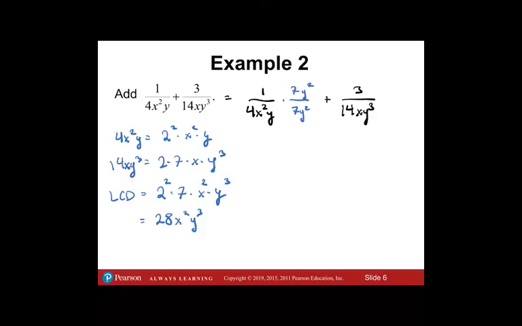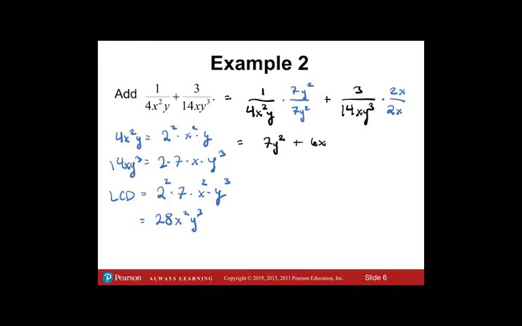And then for the one on the right, we need a 2 to get to 28. We need an x to get to x squared, and the y is already proper. So we're going to multiply the top and bottom by 2x. Then if we account for these changes, on top we're going to have 7y squared plus 6x.